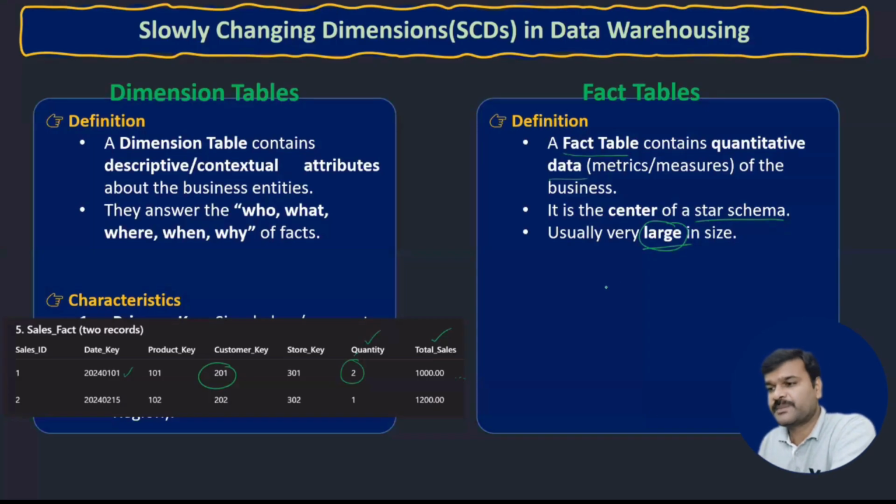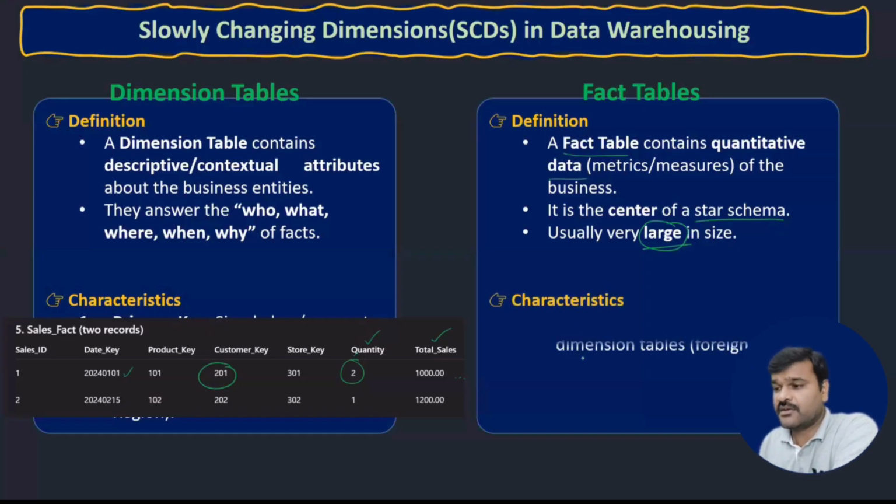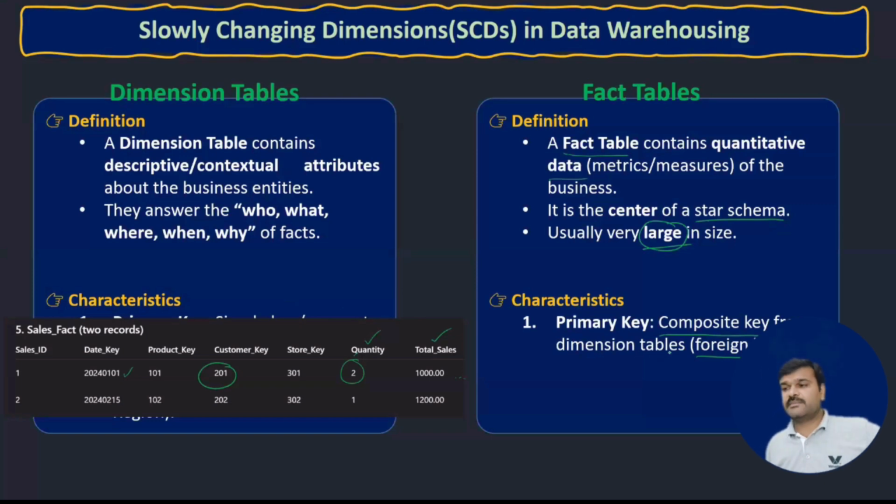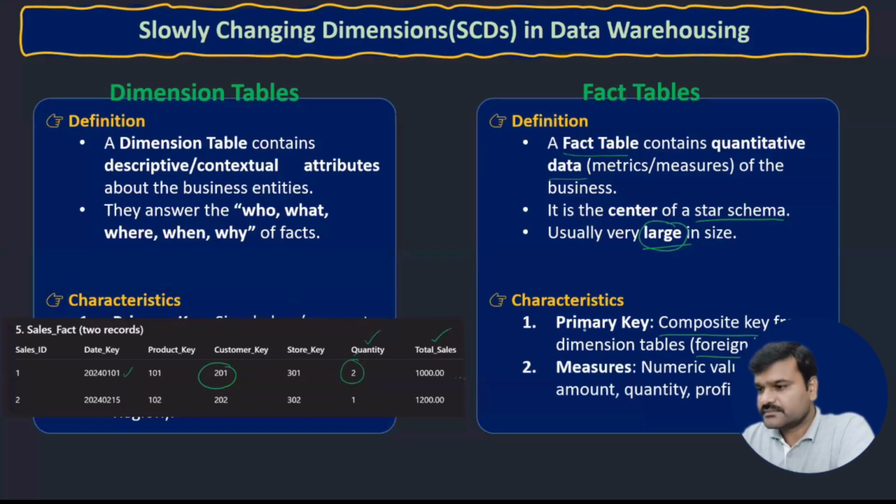Now come on, see the characteristics here. Basing on this discussion, you are going to have a composite key by using the foreign keys. These foreign keys are mainly the primary keys in the dimension tables. So simple thing. As we discussed, it is going to have numeric values in most of the cases.